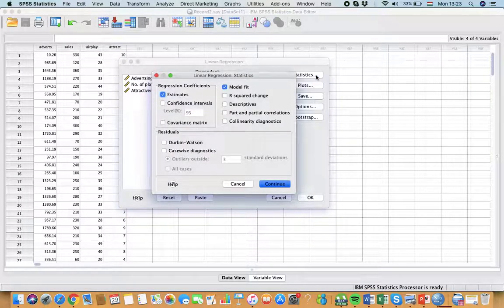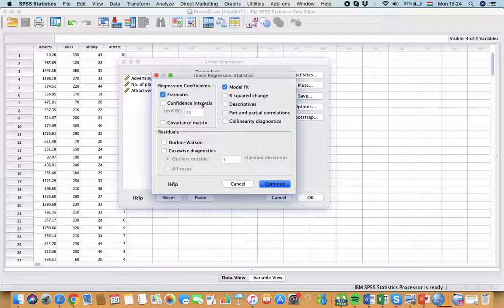Then we go to the statistics, and here there are several things that you can check. First, you've got the estimates. These are the regression coefficients, remember from the previous videos, which are the b values, the gradient, and the intercept. And a t-test is also displayed to see whether these regression coefficients are significant.